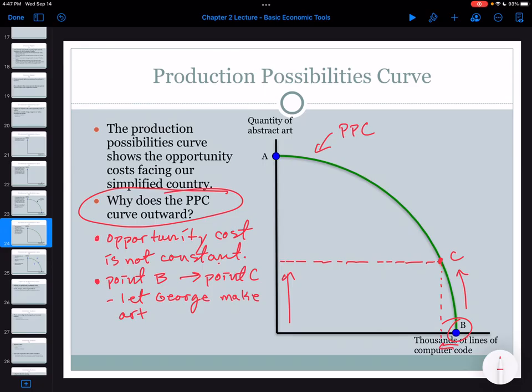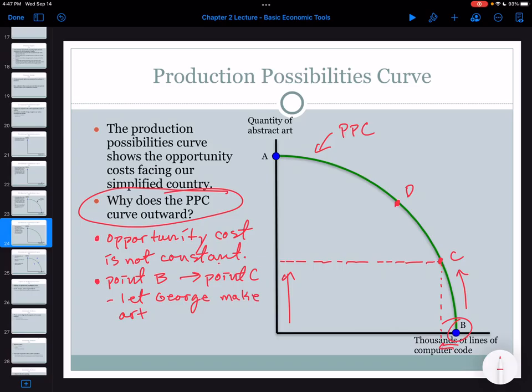And if we think about that in terms of people, we realize George was probably a lousy programmer anyway, right? So yeah, we lose some code, but we gain all this art. And as we move from point B to C and then C up here to D, it's the same thing. People are going to switch from doing programming to art, but everybody's different.